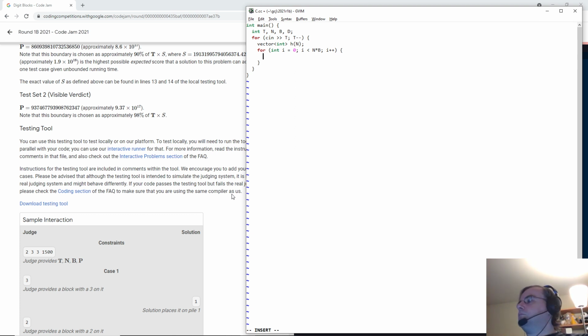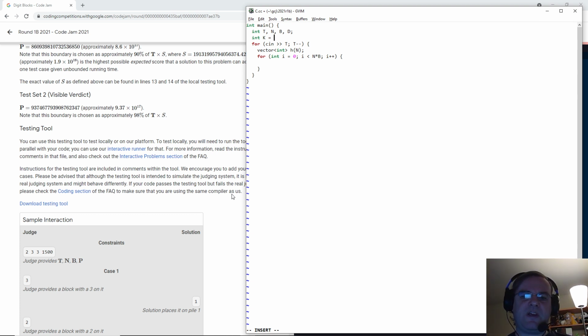Okay, so let's set... I'm going to try various possibilities for k. I don't want to math it out. Let's say k is equal to 15.